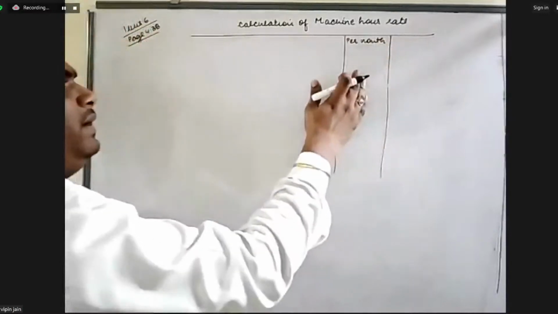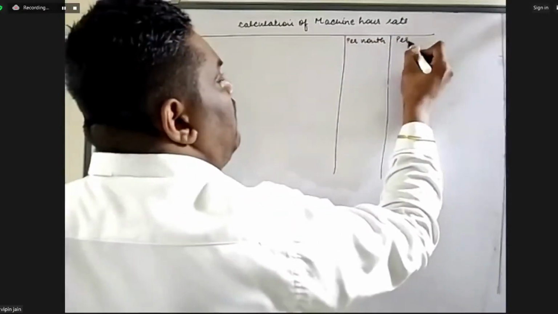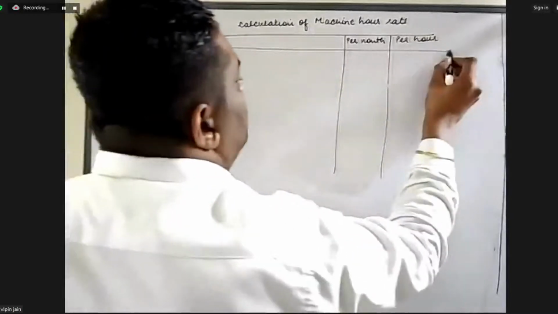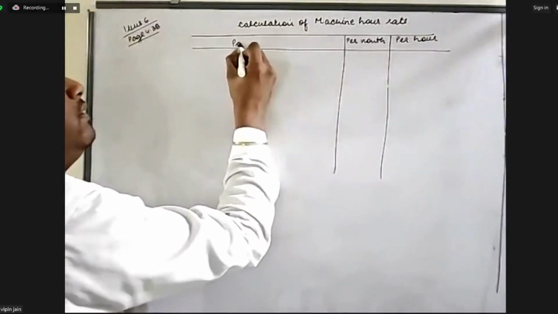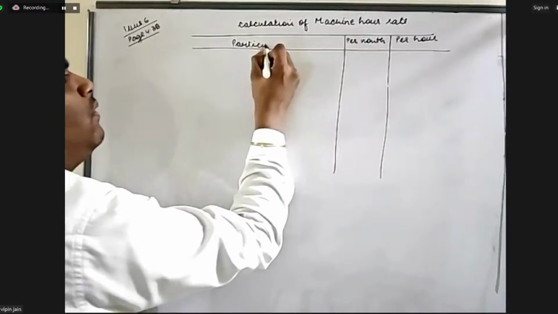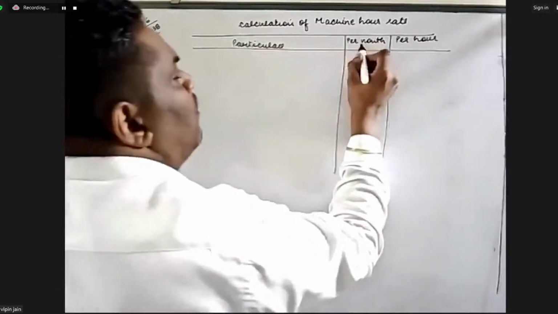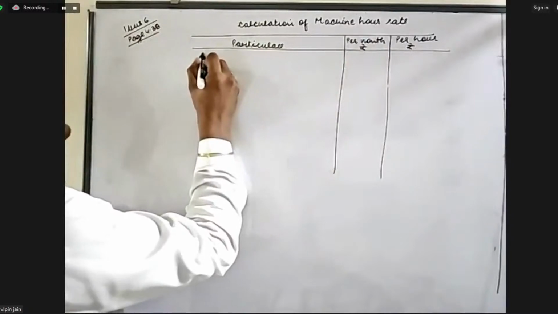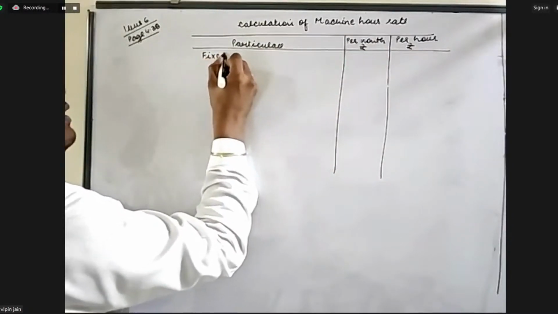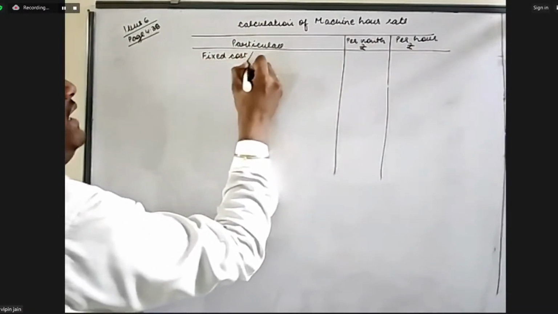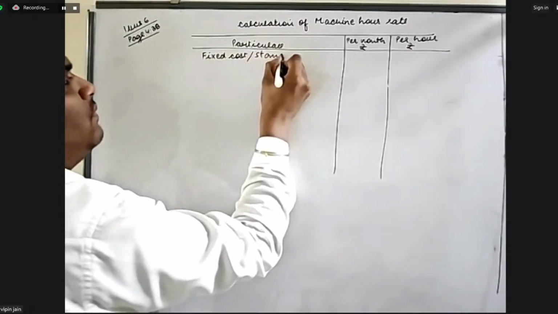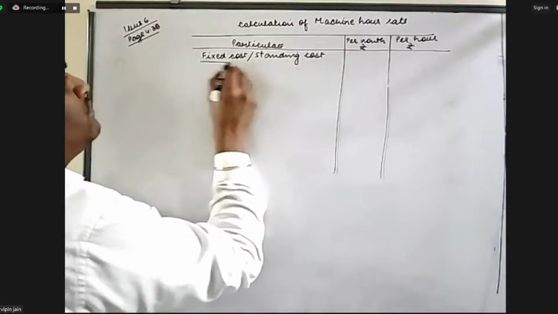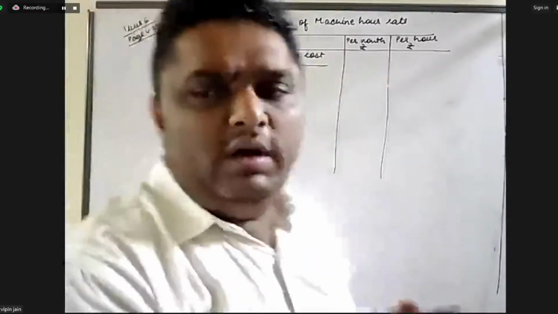I'm calculating it per month and per hour. Alternatively, you can calculate it per year and per hour also. Both the approaches are correct. Now the total cost will be classified in two parts, that is fixed cost or standing cost, and variable cost or running cost.